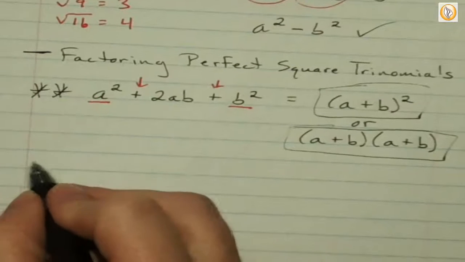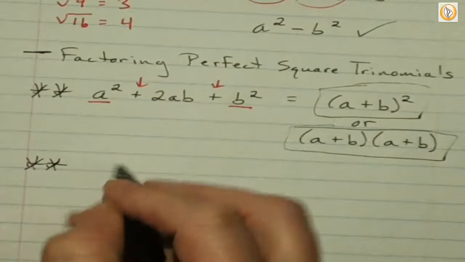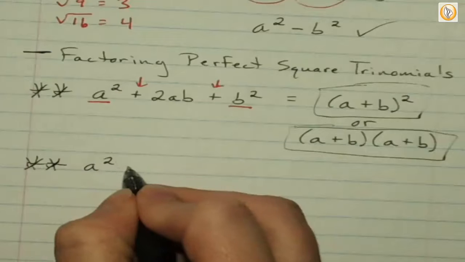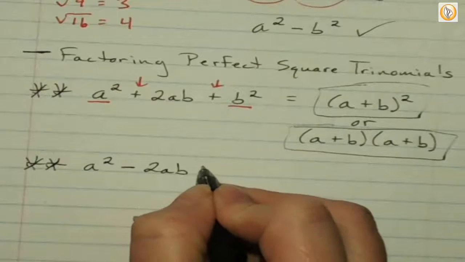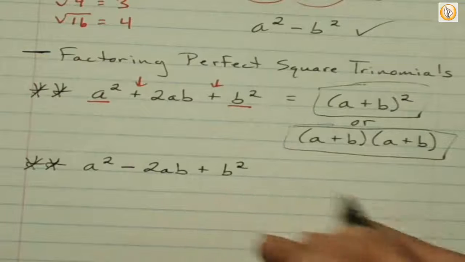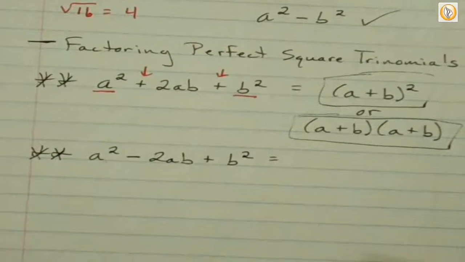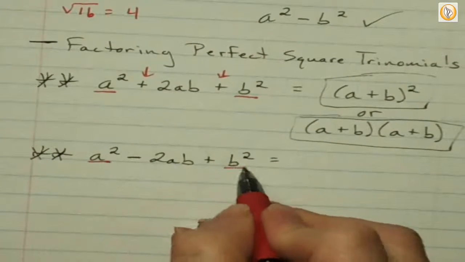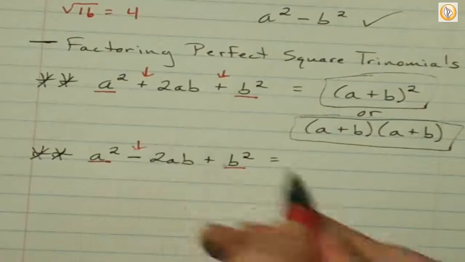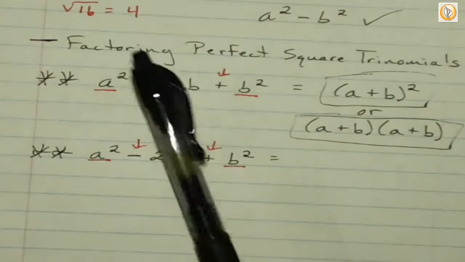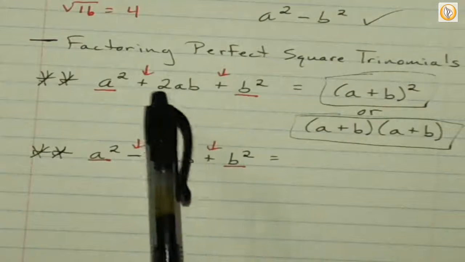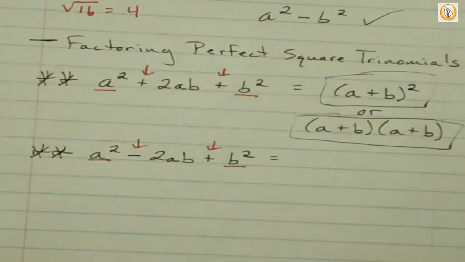If you have a squared minus 2ab plus b squared, perfect square. Oh, look, the difference is there's a minus and a plus. So I want y'all to look at that. Do you see it's the same problem, but we have a plus sign and a minus sign.